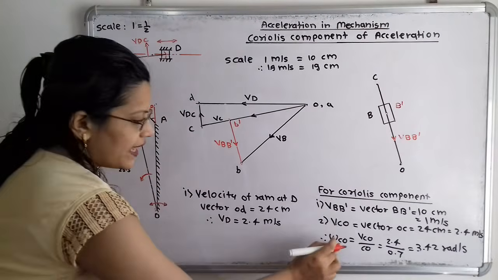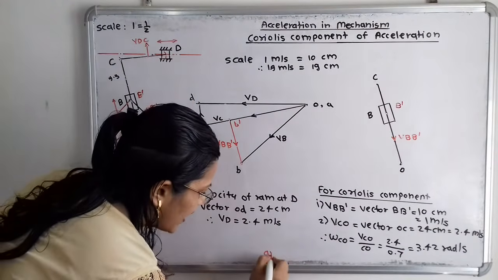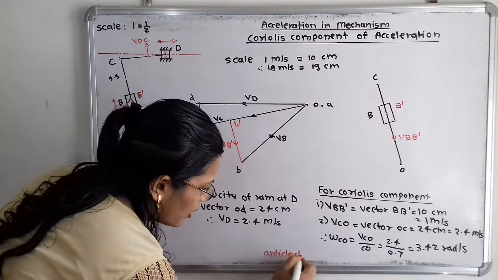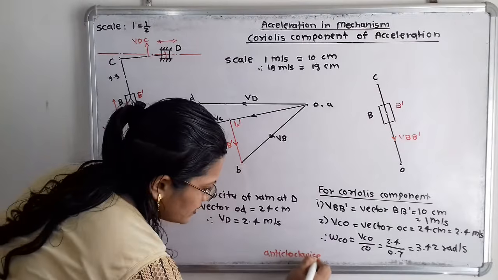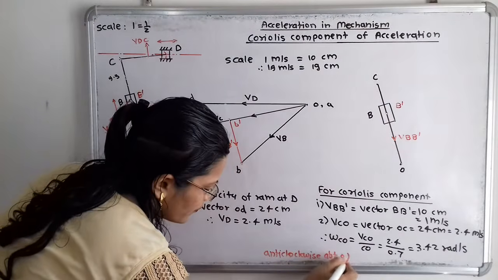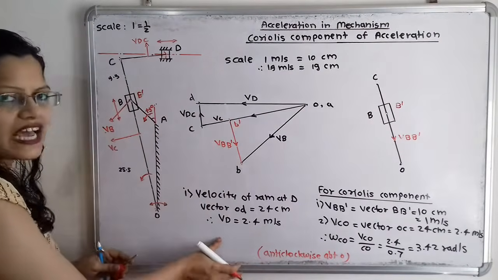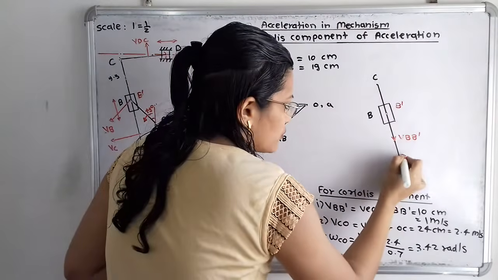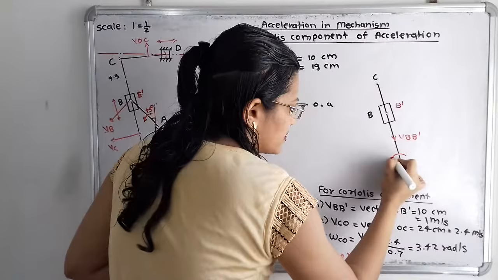So I can say that this omega CO is anti-clockwise about O.